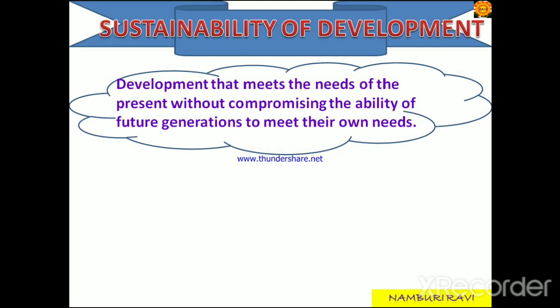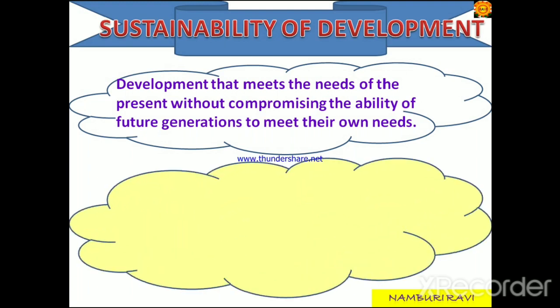That is why the resources available at present should be used in a proper way, by avoiding misuse and overuse of resources. We can use the resources at present, and we can protect the resources for future generations. Together we call it sustainable development.